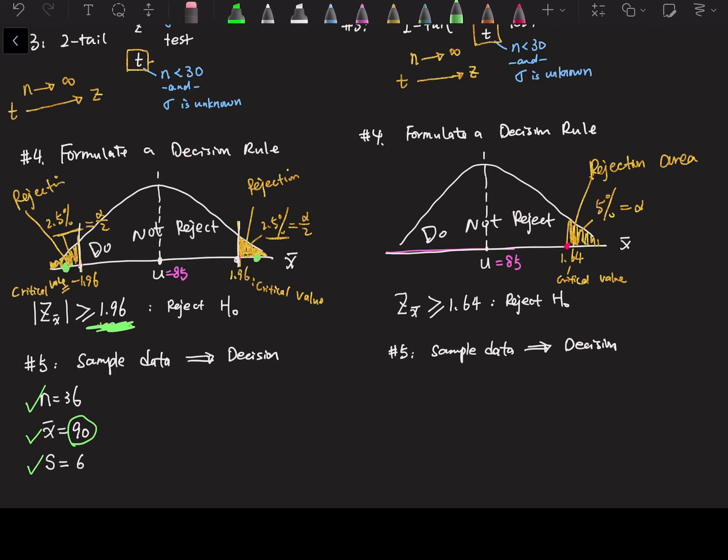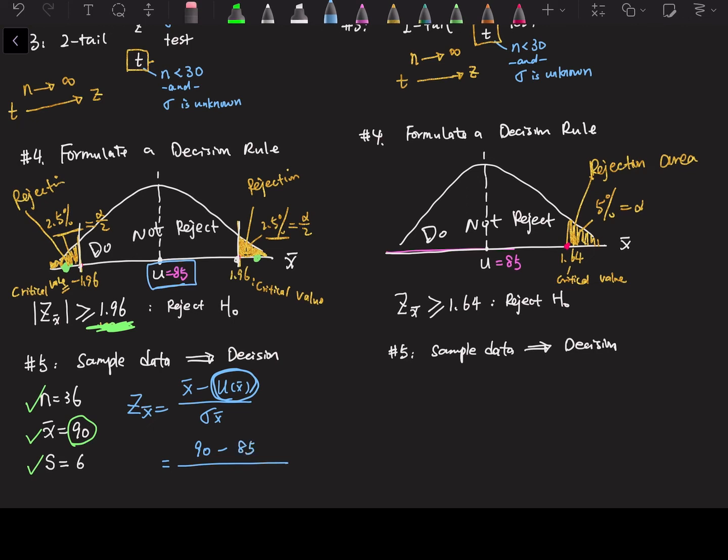What you could do is convert x bar into a z-score. The z-score for x bar equals the value of x bar minus the average of x bar, divided by the standard error of x bar, by the central limit theorem. The value of x bar is 90. The average of x bar, assuming the null hypothesis is true, is 85.